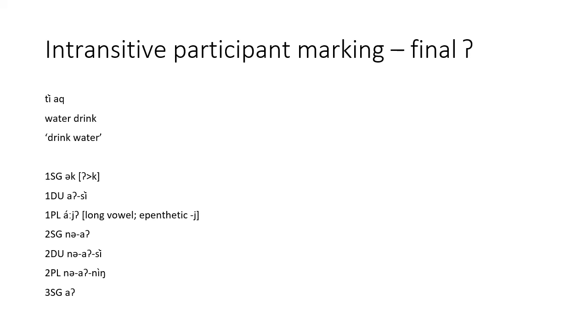With a final glottal stop, we have first person singular, the glottal stop becomes ka, and with first person plural, there is a ya added before the glottal stop.